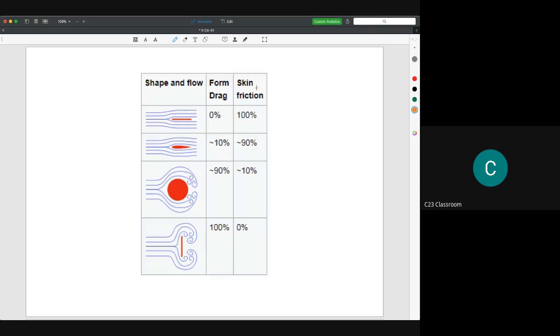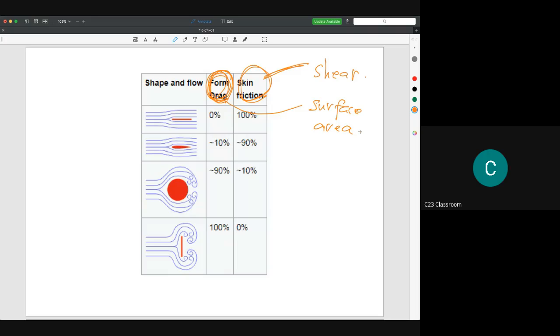One we call form drag, and the other we call skin friction. The skin friction is caused by the shear, but the form drag is caused by the surface area.